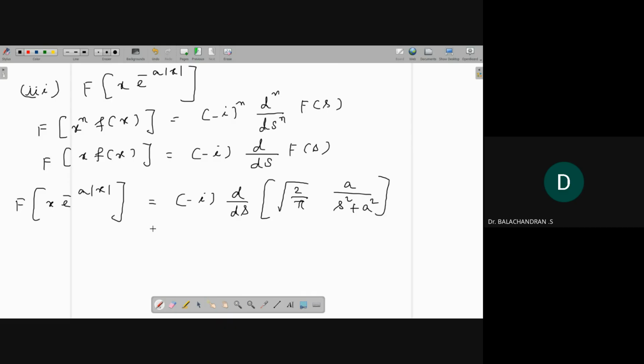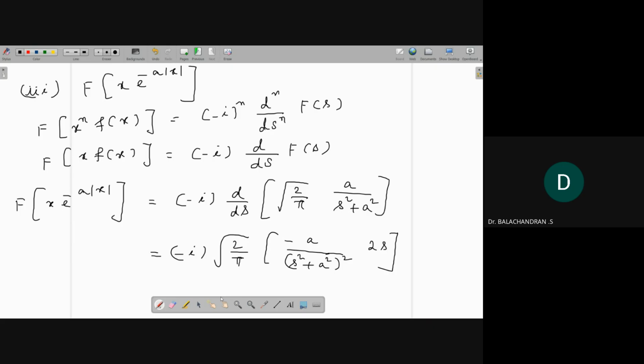Now, which is equal to minus i, root 2 by pi is a constant. If you differentiate a by s square plus a square with respect to s, you'll get minus a by s square plus a square whole square into, if you differentiate s square plus a square, you get 2s.